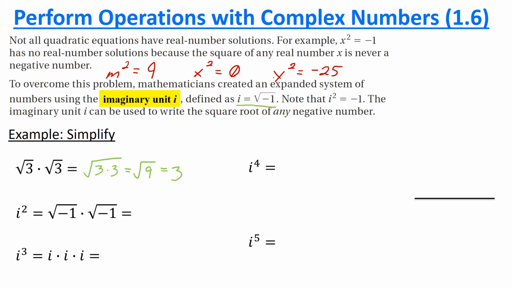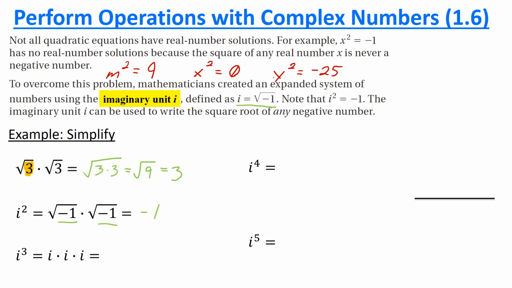And I hope you noticed that our answer is one of the numbers that was underneath the radical. So below, where we have i squared, and I wrote it as the square root of negative 1 times the square root of negative 1, our solution is just going to be negative 1. And all I'm doing is following the pattern that's above.